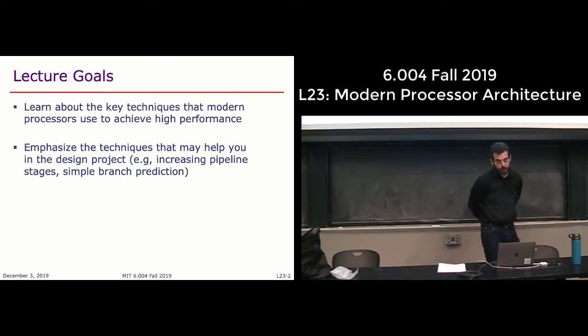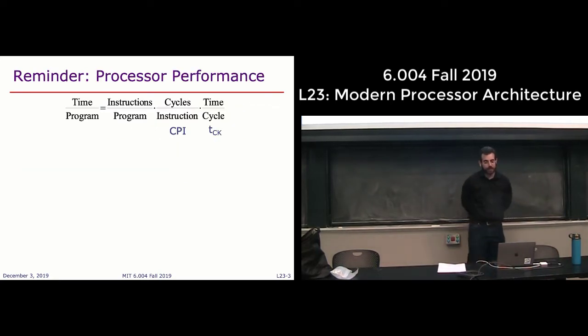We'll look, for example, at what you can do with the processor pipeline that you start with in the design project. Some optimizations that you can do, like increasing pipeline stages and doing simple branch prediction techniques to reduce the impact of taken branches. So essentially, I want to use this as a vehicle for giving you tips to do well in the design project.